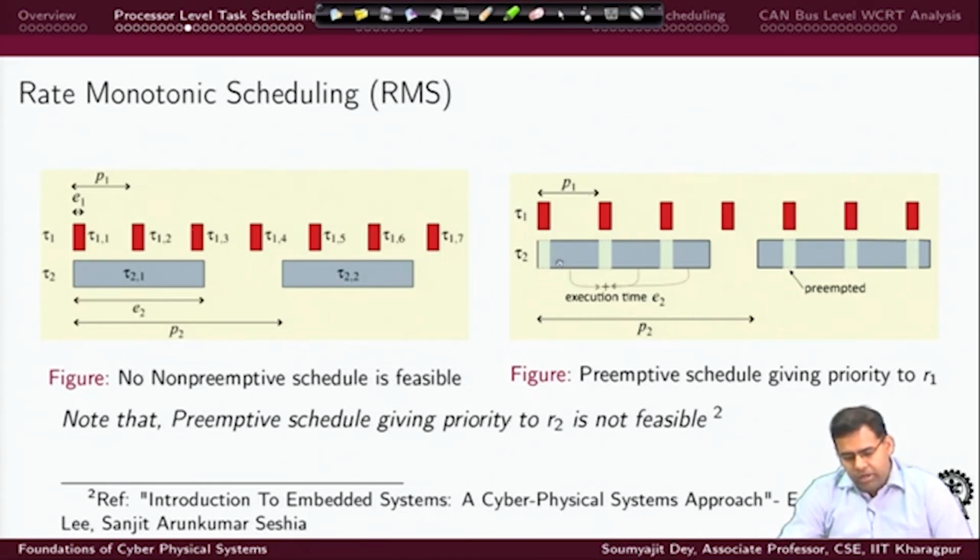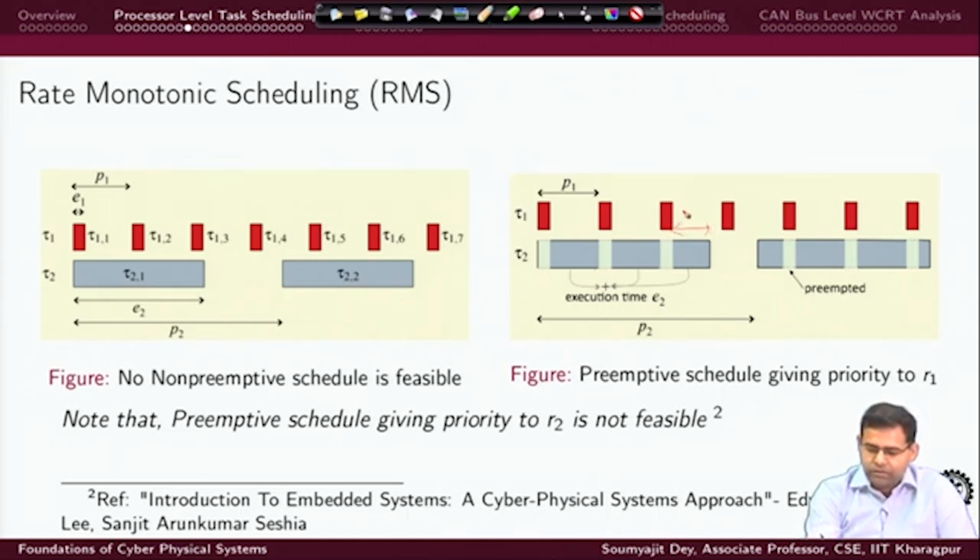Then I start tau 2 here, in this blue region. Whenever tau 1's next instance is available, I just preempt tau 2. In this way, tau 2's execution will extend, because it is accommodating all the instances of tau 1. Its execution time will extend by a specific amount, which is easy to calculate.